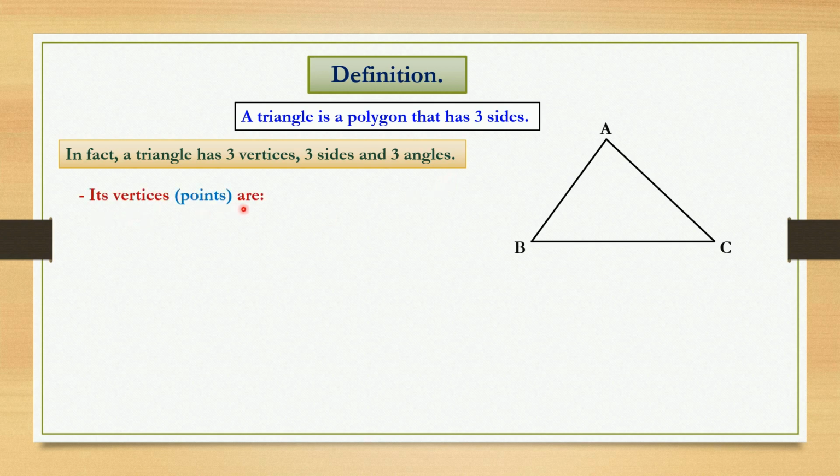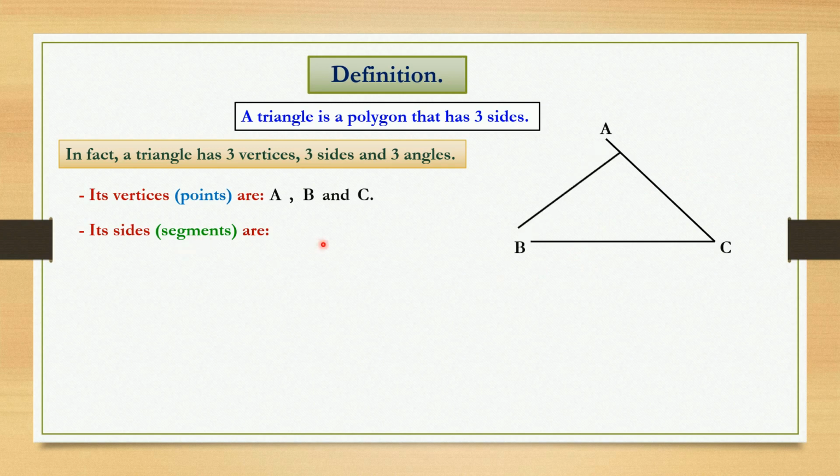The vertices of a triangle are in fact points. The first vertex is point A, the second vertex is point B, and the third vertex is point C. Now the sides of a triangle are in fact segments.